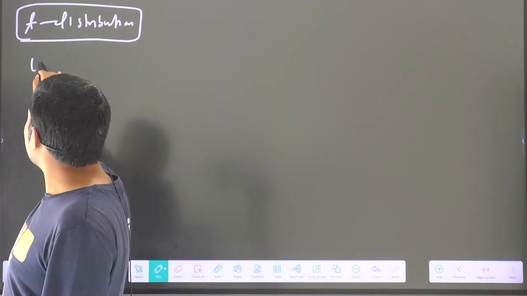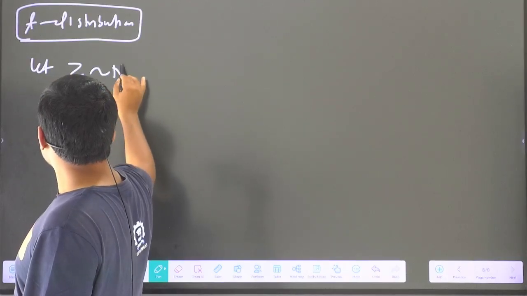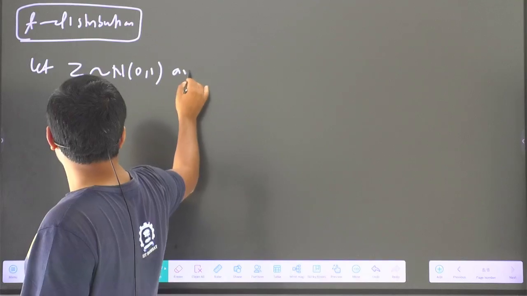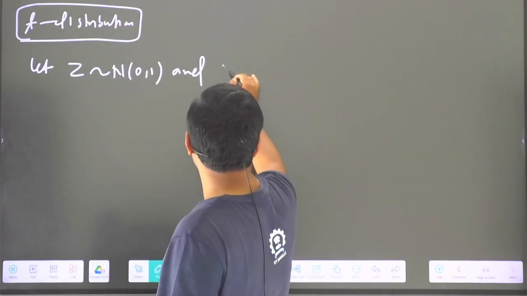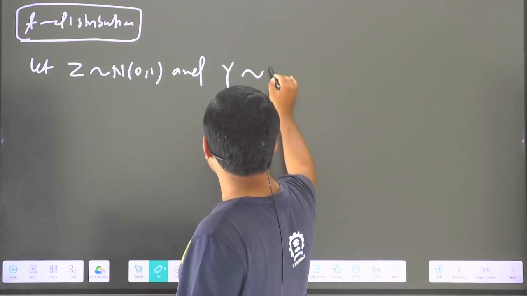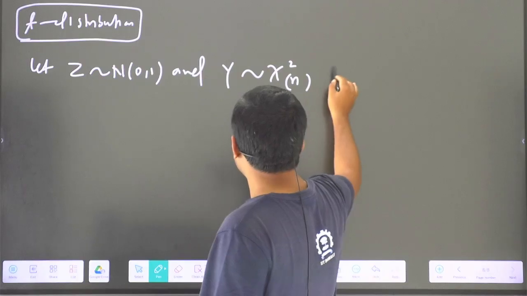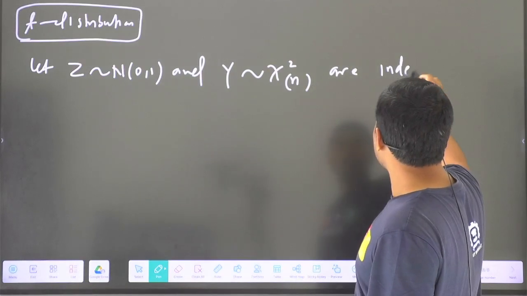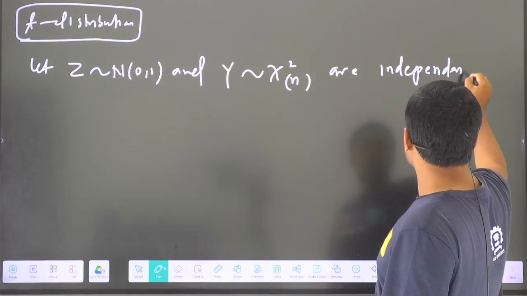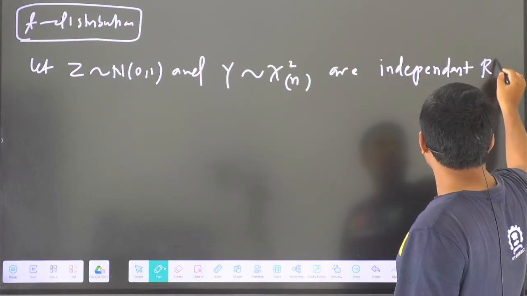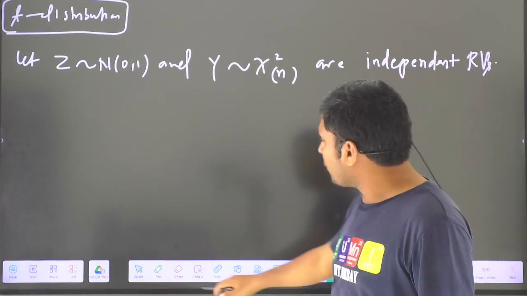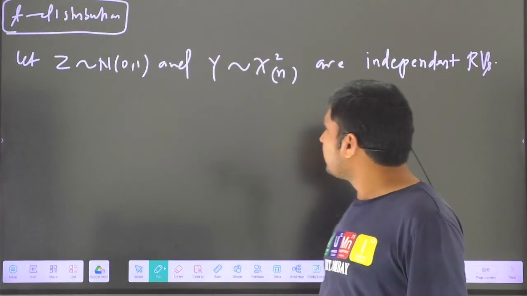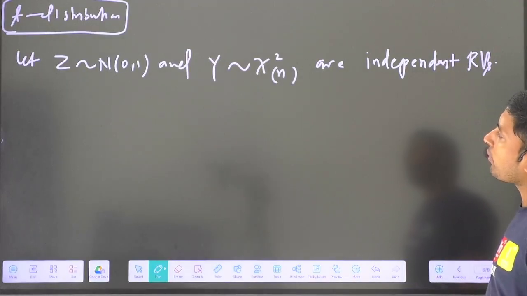So here it is: let z be normal 0, 1, and let's say y, whatever you want, let y be chi-square distribution with n degrees of freedom, and both are independent random variables. So z is normal 0, 1, y is chi-square n.